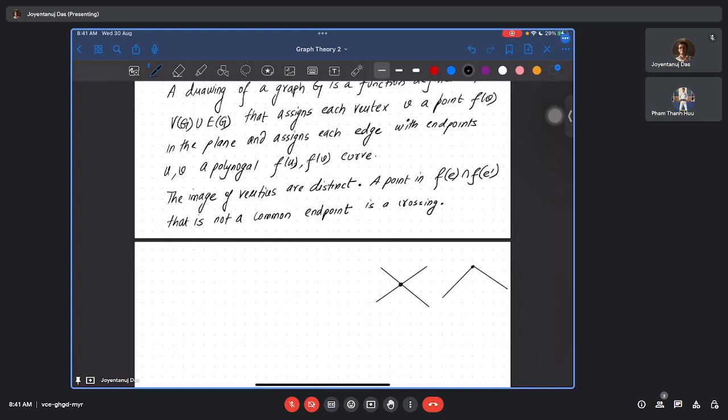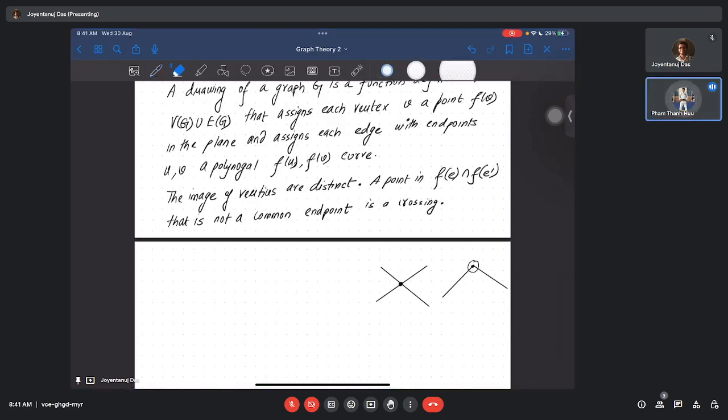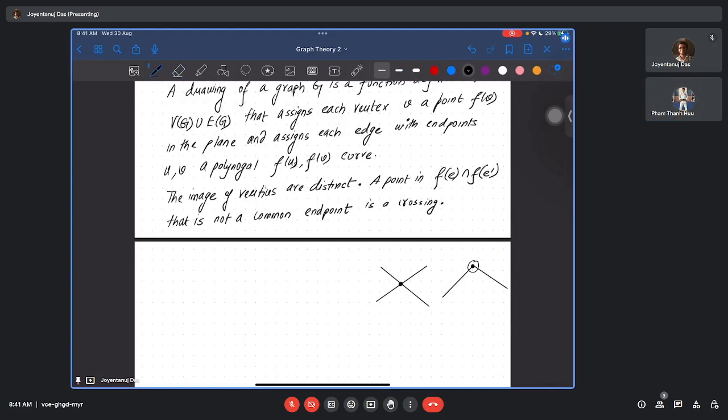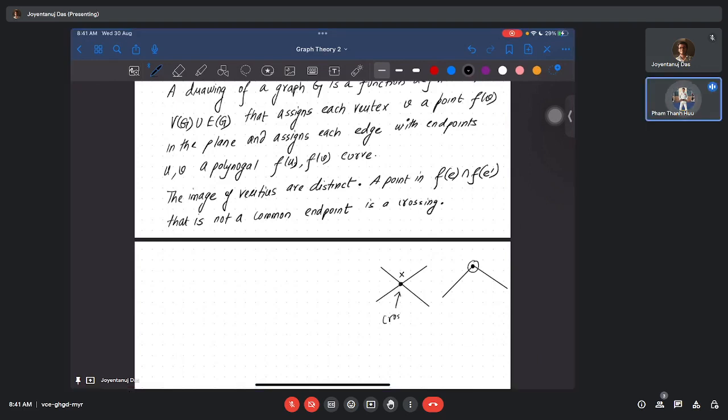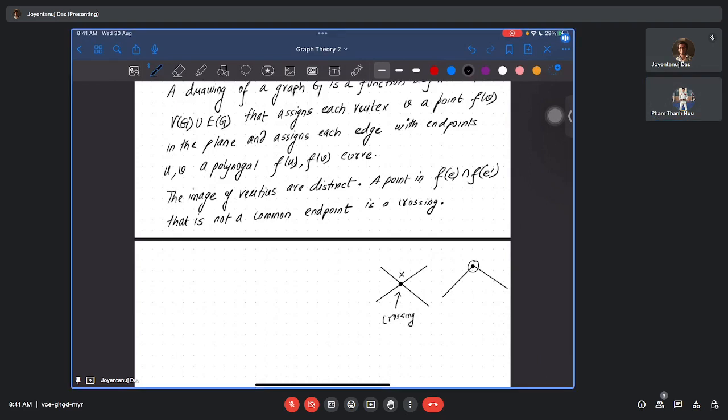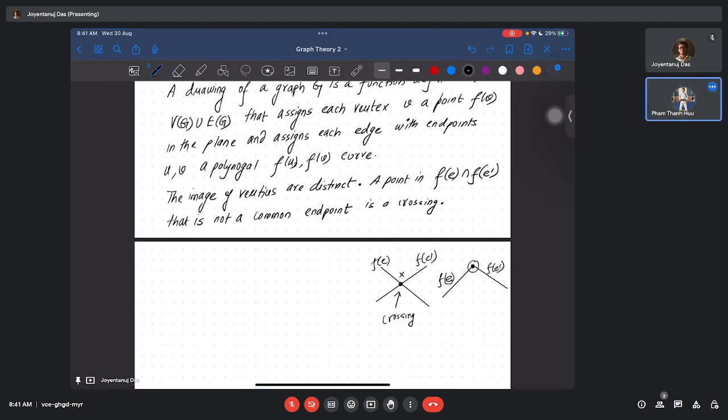In the second case, this is a vertex and a common endpoint for these two edges, but in the first case this is not a vertex, so this will be called a crossing. Here this is f(e) and this is f(e prime), and similarly here.